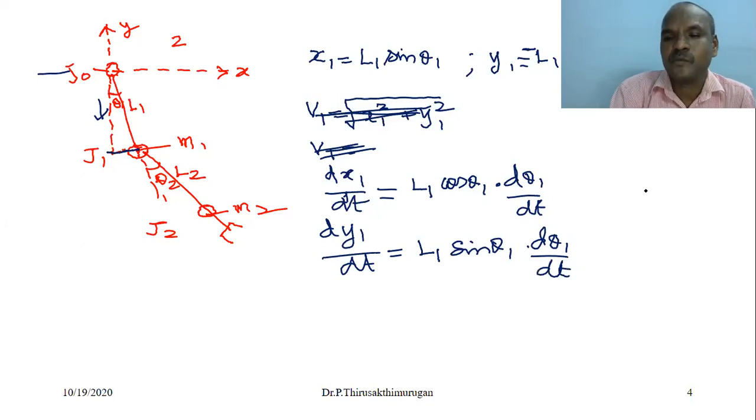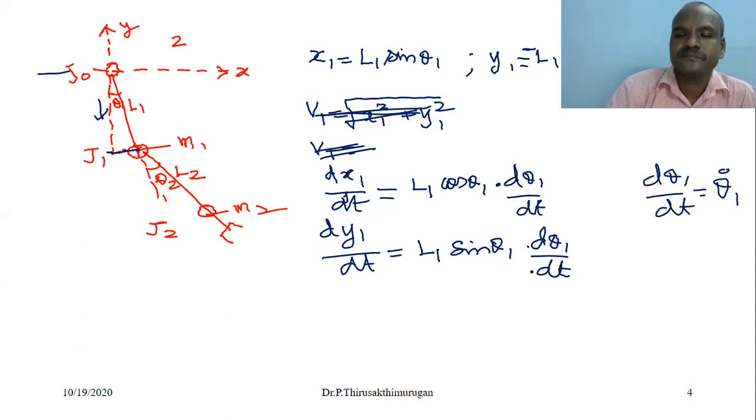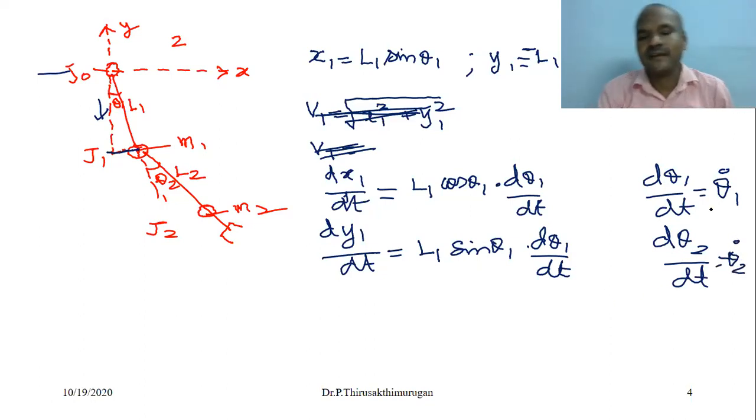Hereafter I am going to represent d theta 1 by dt as theta 1 dot. Similarly, d theta 2 by dt as theta 2 dot. So this is the angular velocity.